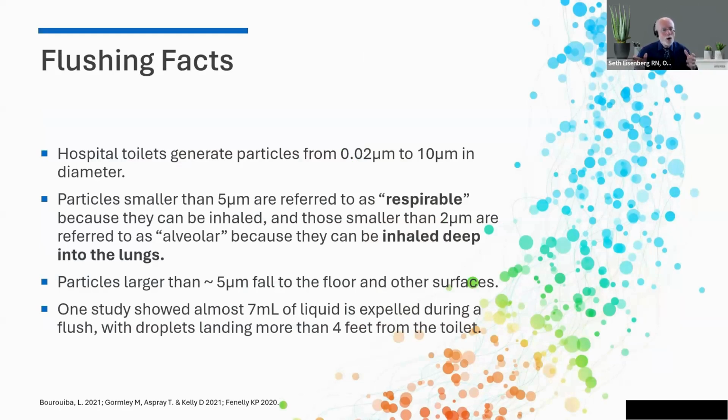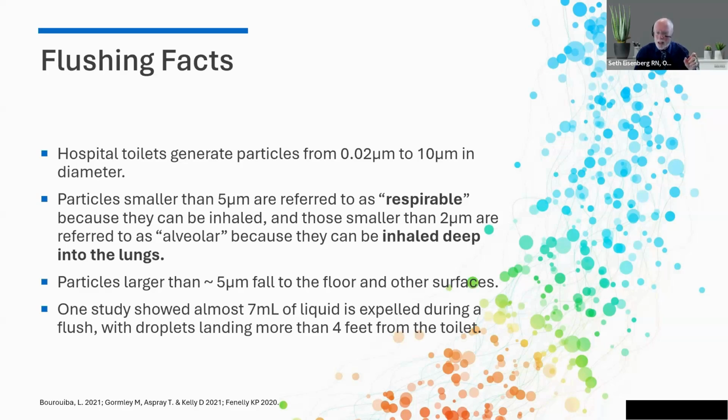So we know, and I'll show you the data we collected, that hospitals generate particles from about 0.02 microns to 10 microns in diameter. Particles smaller than 5 are referred to as respirable because we can inhale those, and those smaller than 2 are referred to as alveolar because they can go deep into our alveoli in the lungs.